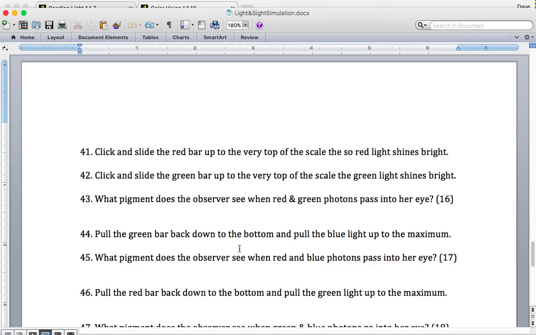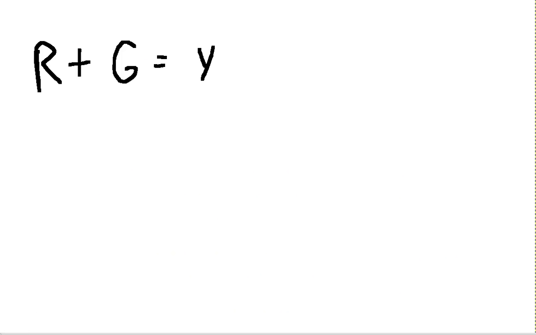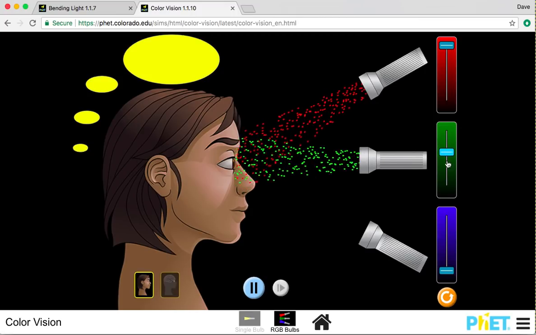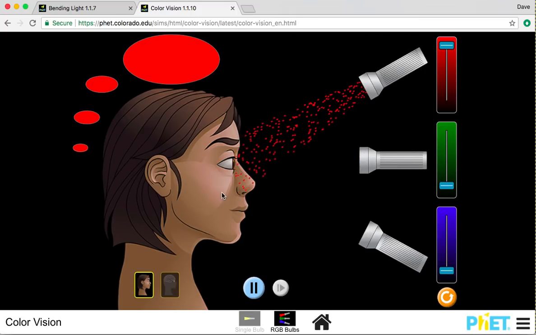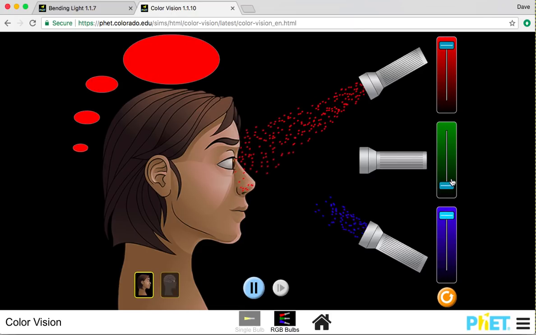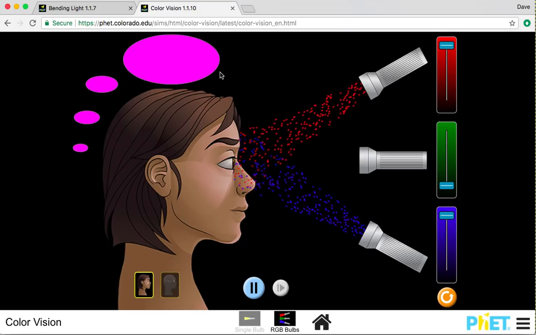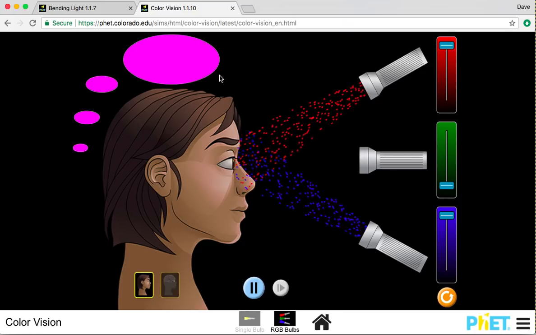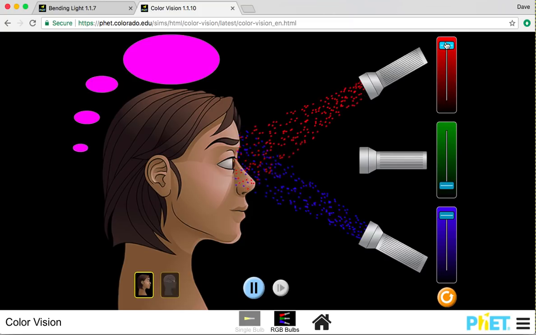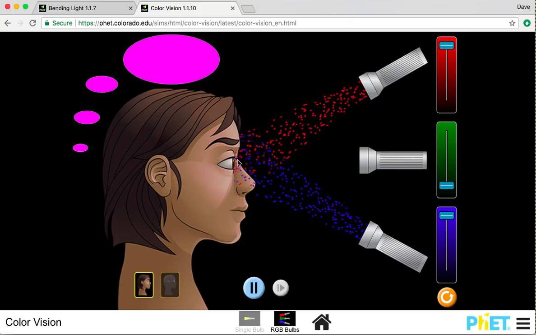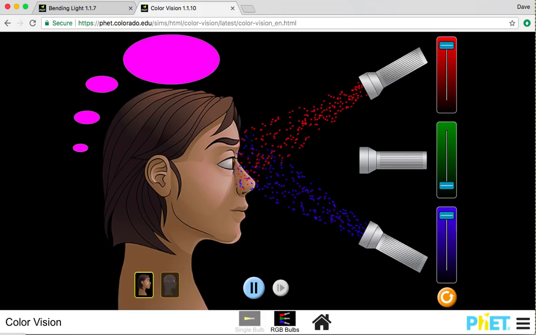All right, so pull the green bar back down to the bottom and pull the blue light back up to the maximum. So bring the green down, just red light. That's why this person is only seeing red. Bring the blue up, combination of the two. This color right here is known as magenta. So when you combine red light with blue light, you get a secondary color known as magenta.